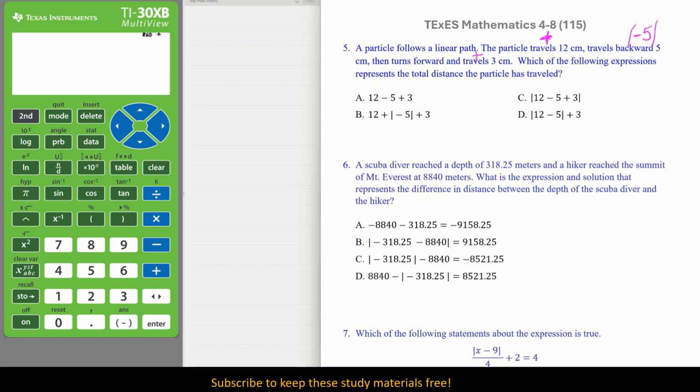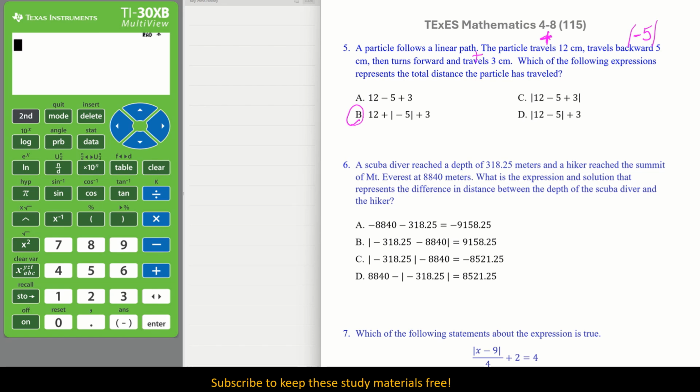So I'm thinking we have plus 12 plus the absolute value of -5 and then plus 3. Well, B satisfies that because it says total distance. Distance is different. It's always an absolute value. Because I'm traveling backwards doesn't mean that I subtract it off.